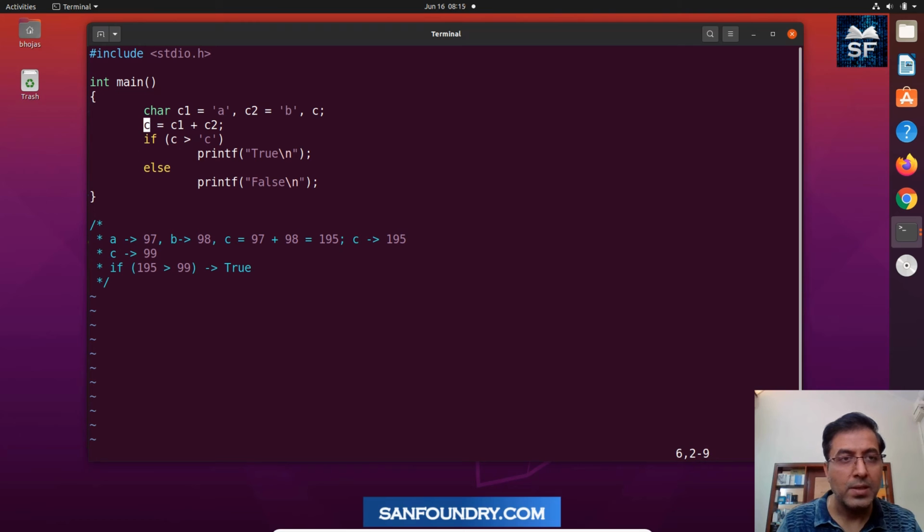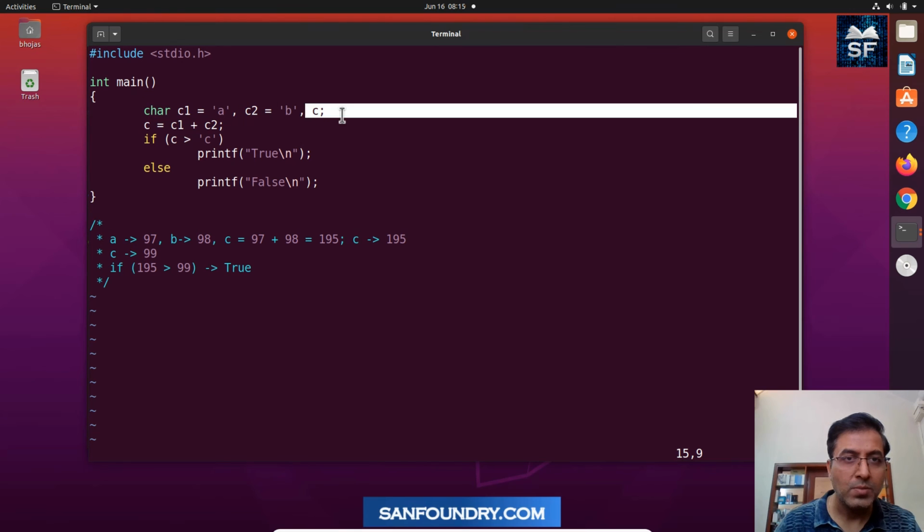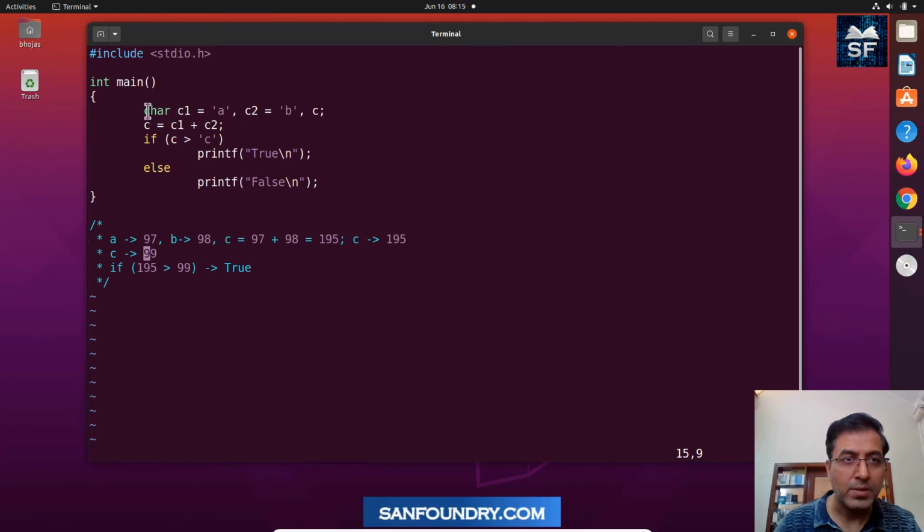We have to understand certain facts now. Okay. The choice of data type is very important. What is c? c is basically a signed data type. It's a signed character. I repeat, it's a signed data type. Now, can we store a value of 195 in c? That's the question. Yes, we have stored it as per our calculation.